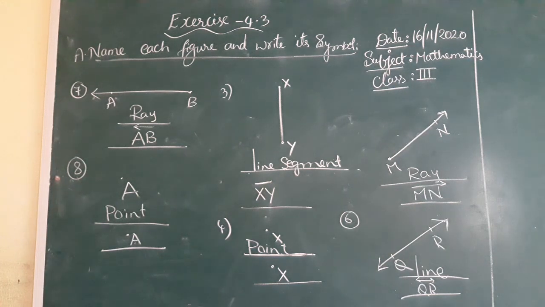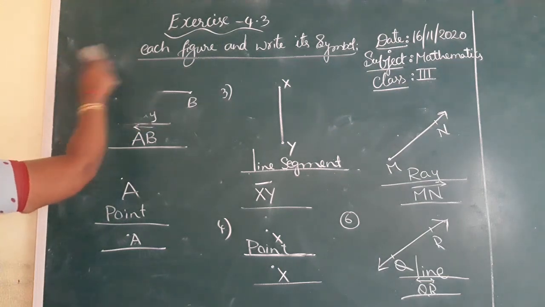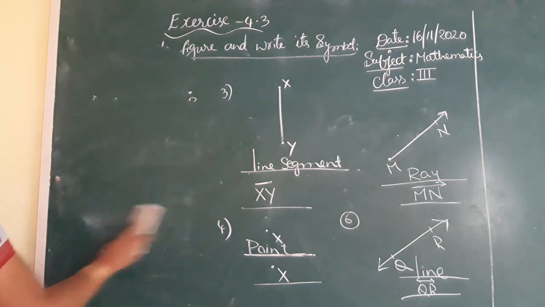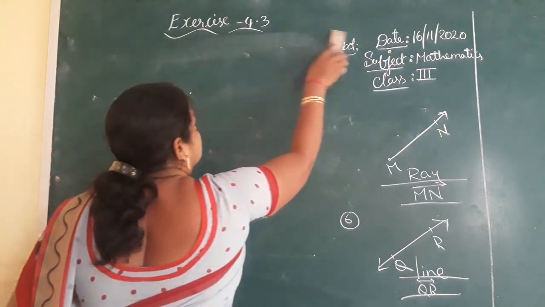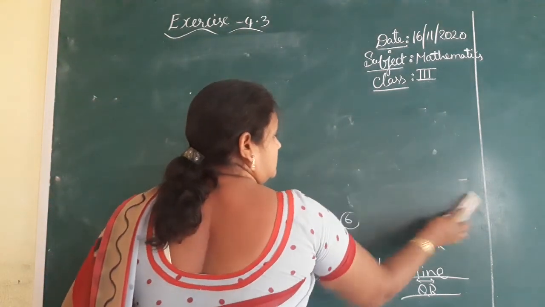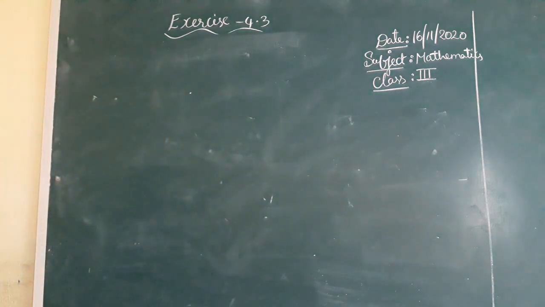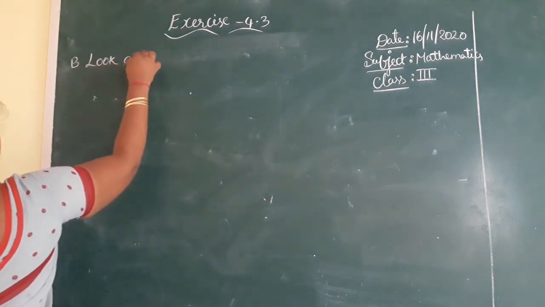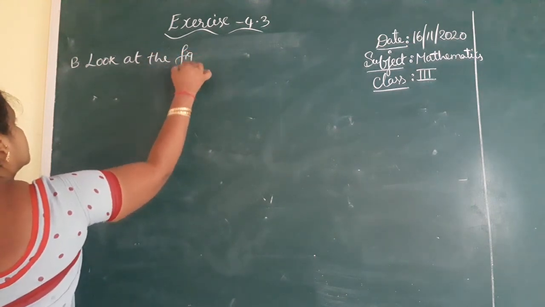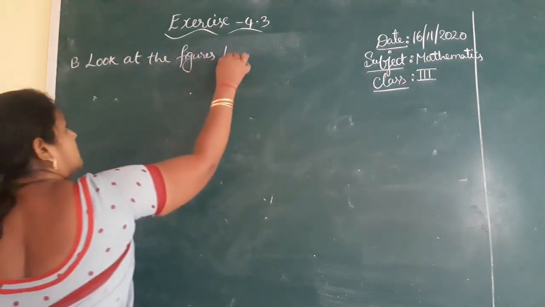Here they gave 4 figures and they are asking us to name the line segments and vertices for these figures. Look at the figures below.